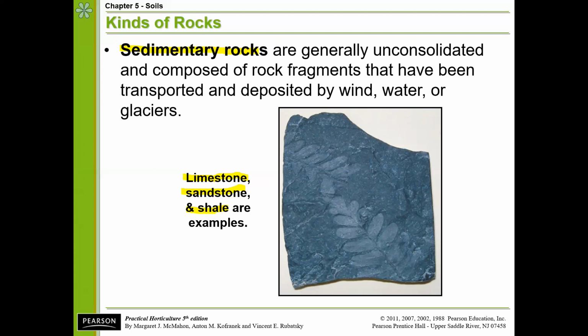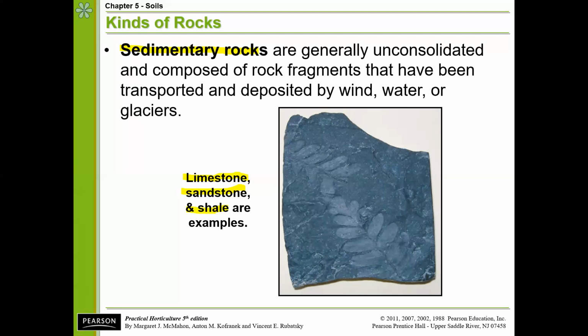But a limestone breaks down and gives you a more calcium rich soil. Of course, we use limestone, actually kind of mine it in a way, and turn it into agricultural lime that we use to raise the pH of the soil, another important part of the management of the soil.